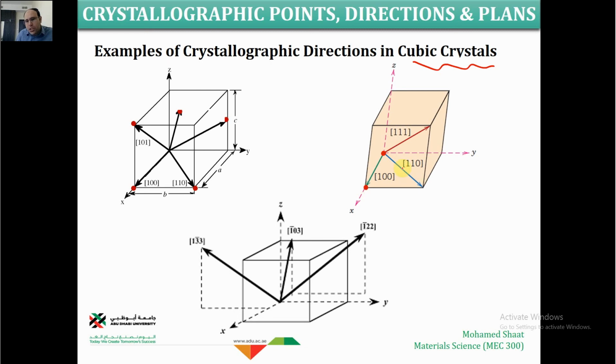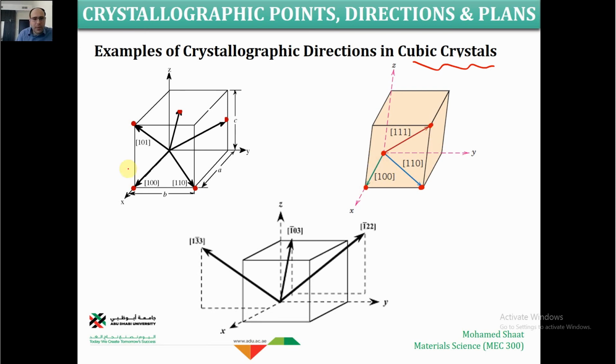This blue direction is 1, 1, 0. Why 1, 1, 0? Because you start from here, you're going to move 1A, 1B, and 0C. So this is going to be the end point. This direction is the 1, 1, 1 direction. What does it mean? It means that you're going to move 1A parallel to X, 1B, 1C, till you reach the end point.